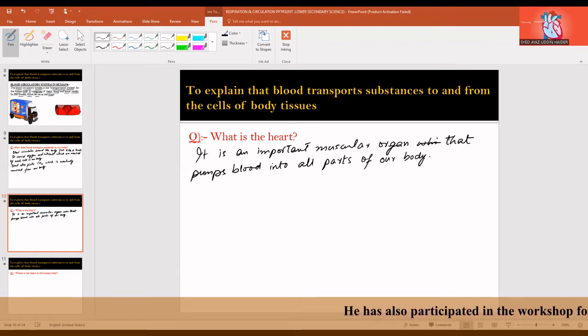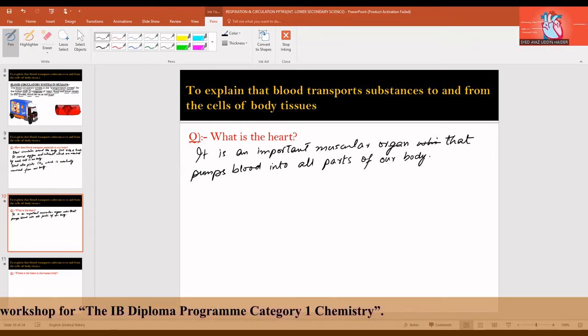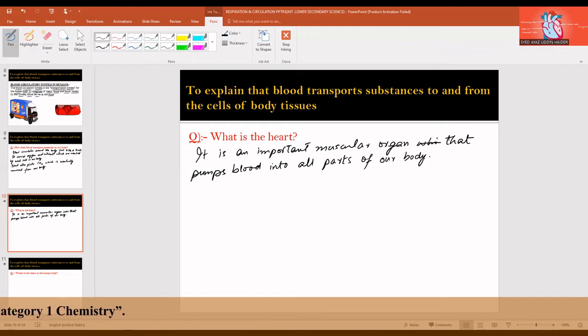In this way, our heart provides the body with the oxygen and nutrients it needs to function properly and efficiently.